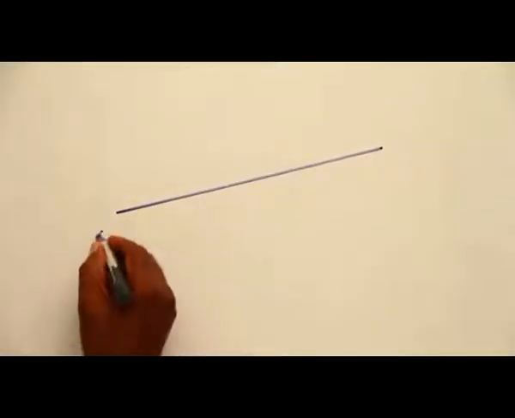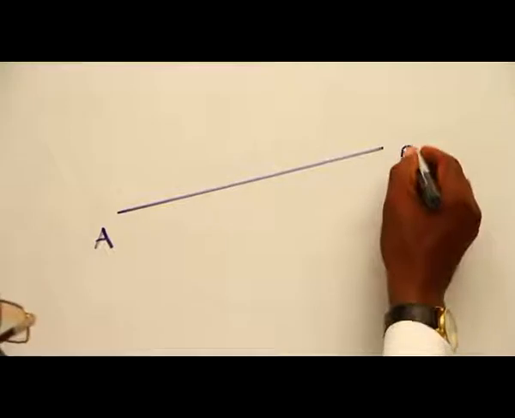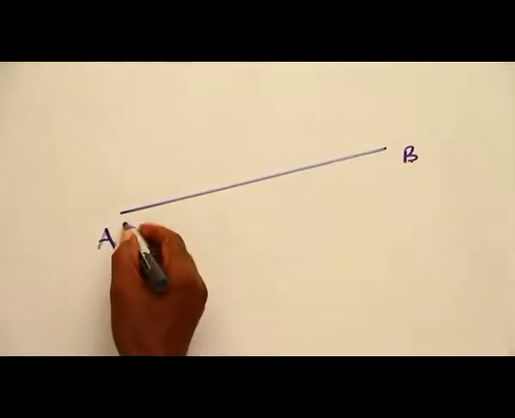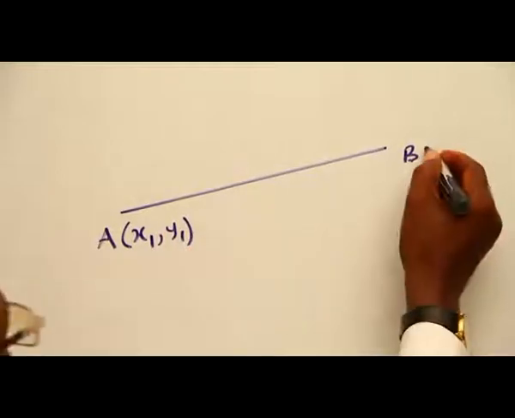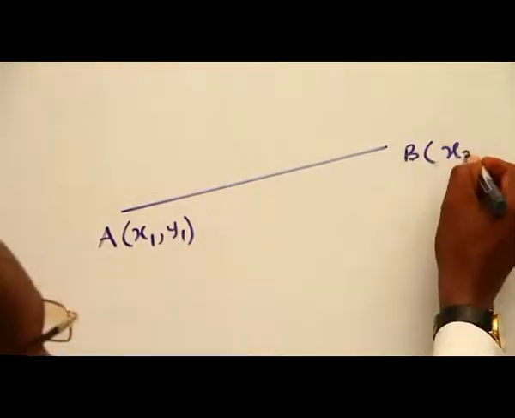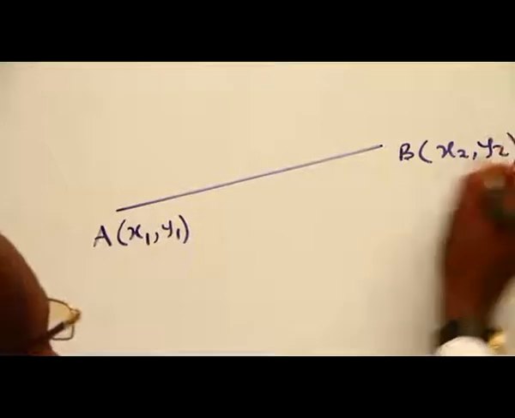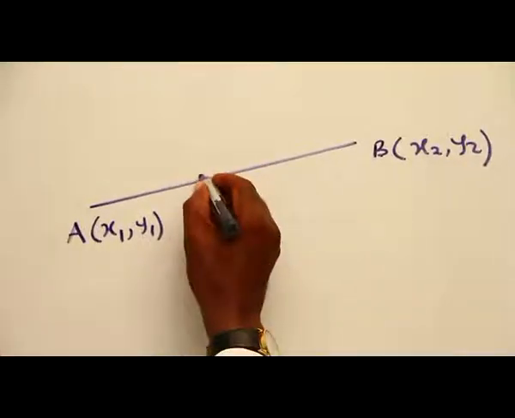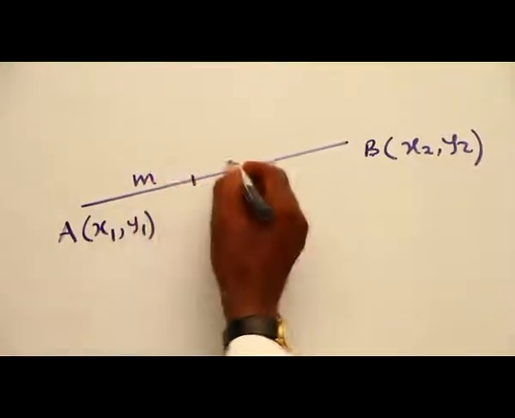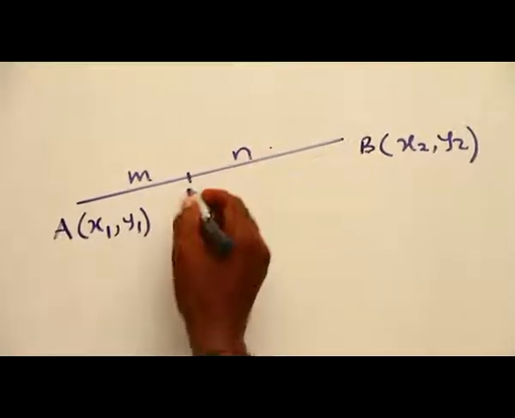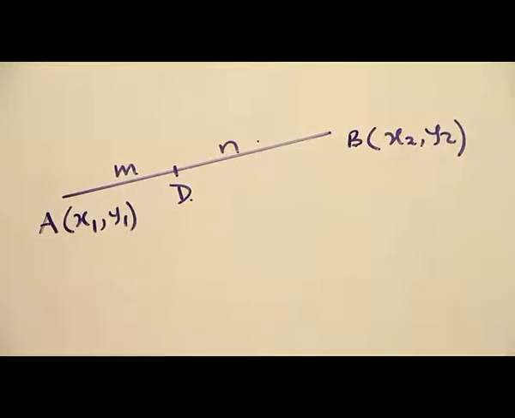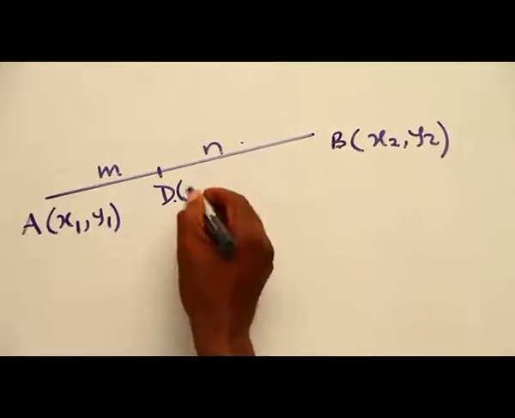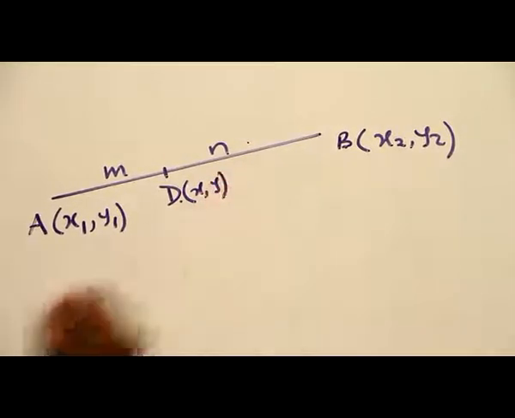Let's take the line segment AB, where our A is (x1, y1) and our B is (x2, y2). This line is divided in the ratio m to n, and we want to find the point of the division. Call it D, and our D here is (x, y).